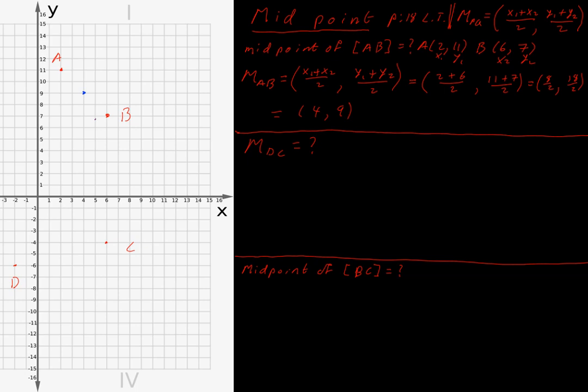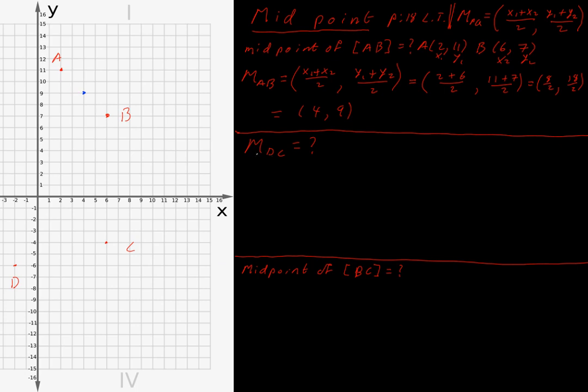Having a feel for what the answer should be is good, particularly for coordinate geometry, because we're doing maths with pictures, so it makes sense to try and do some of the thinking in pictures if we can, to predict what our answer ought to be. We still have to do out the algebra, of course, or the number method, but it's good to have a feel for what the answer might be.